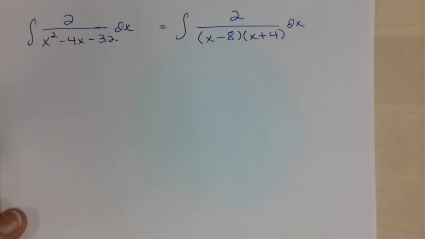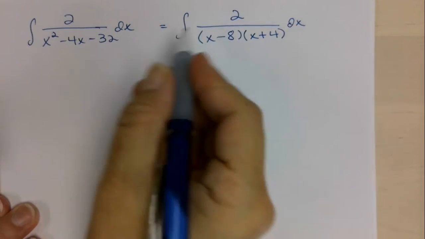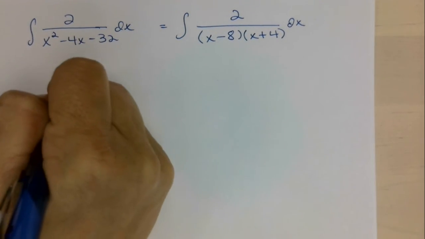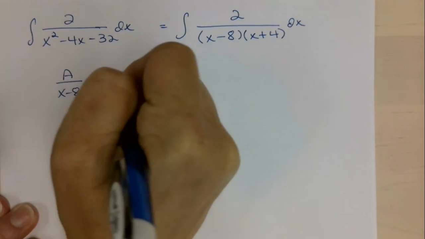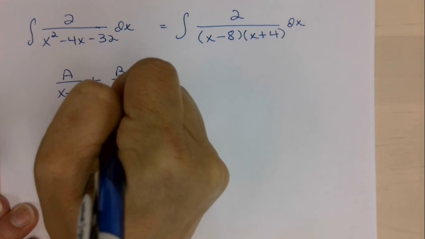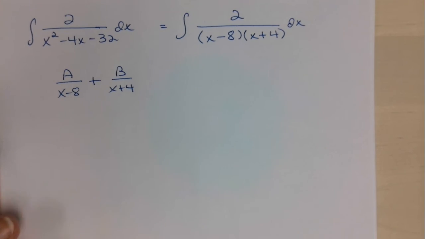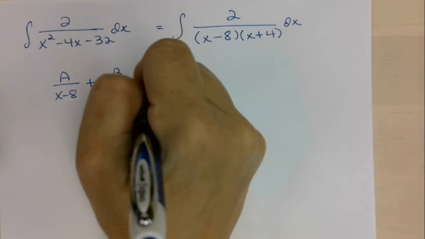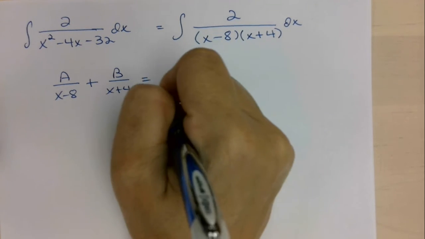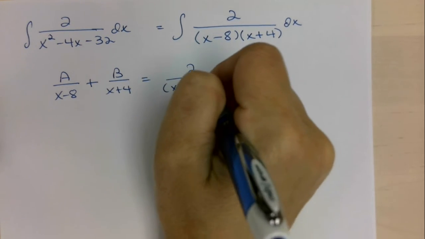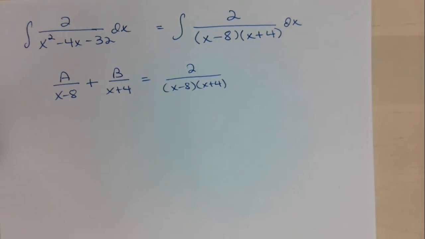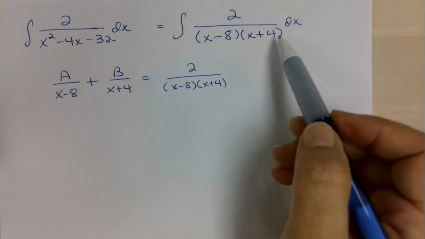I know there are two fractions that should equal this expression, a over x minus 8 plus b over x plus 4. And I want this to be equal to 2 over x minus 8 times x plus 4. So I know that my denominators are already equal.